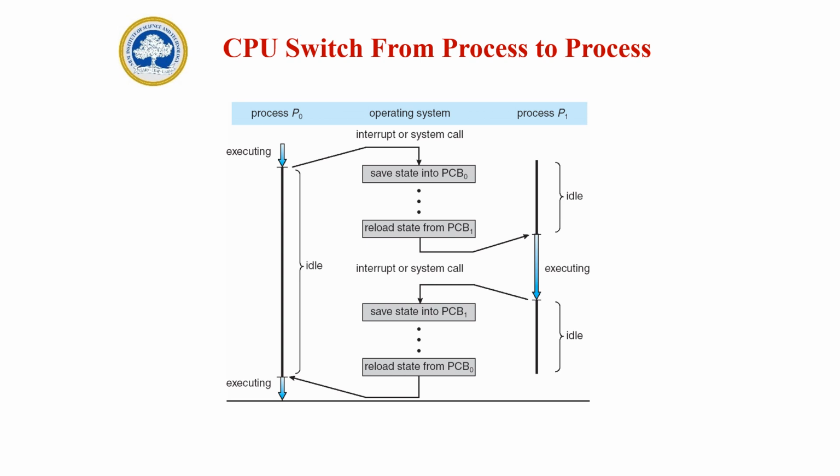Another one is process switching. We will be using two terms: CPU switch and the dispatcher. CPU switch, or processor switch, means when the processor moves from one process to another process.